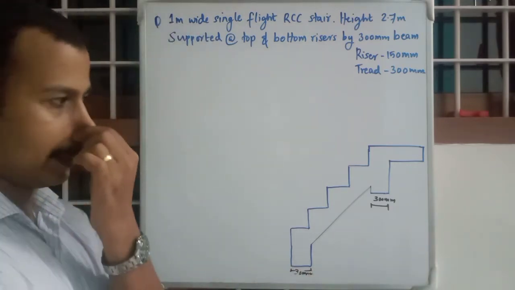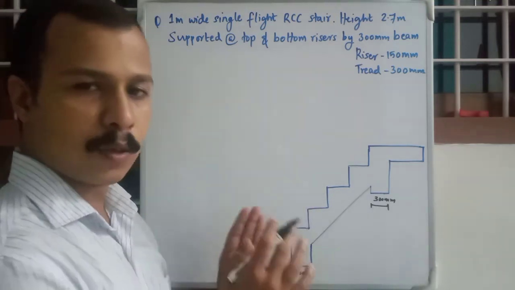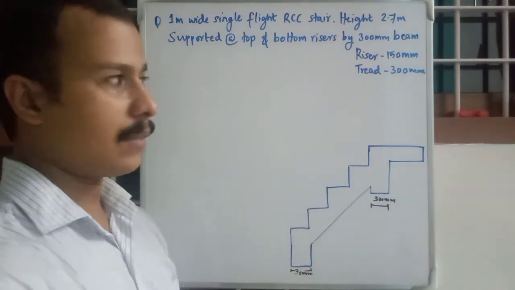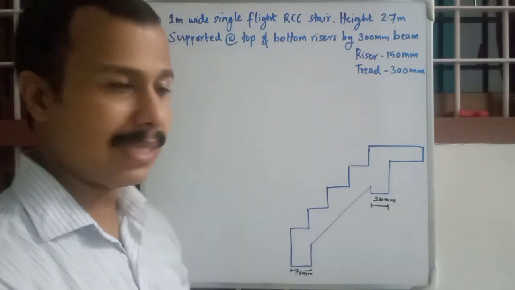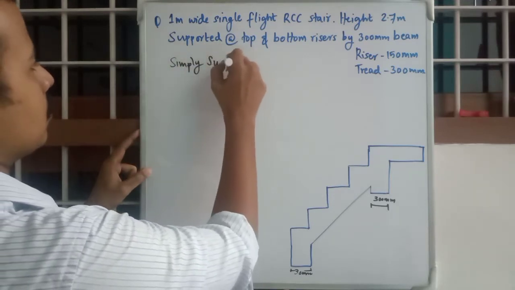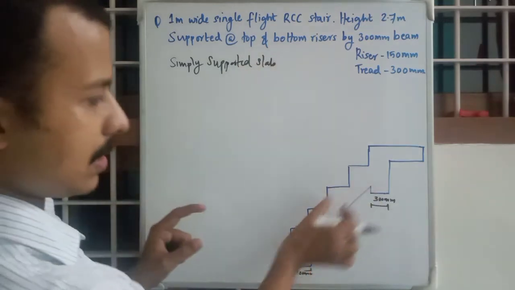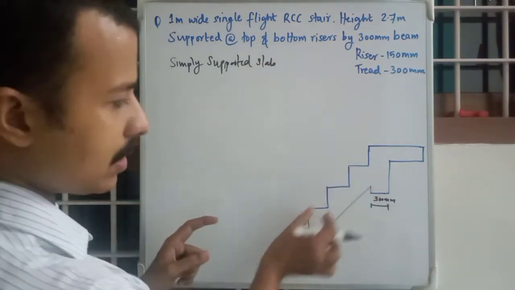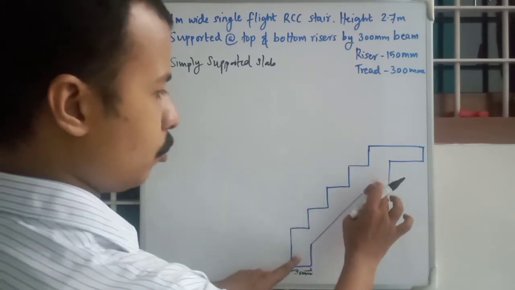As you all know, for this kind of stair we will be assuming it as a simply supported slab. We are assuming that this is a simply supported slab resting on these two beams.